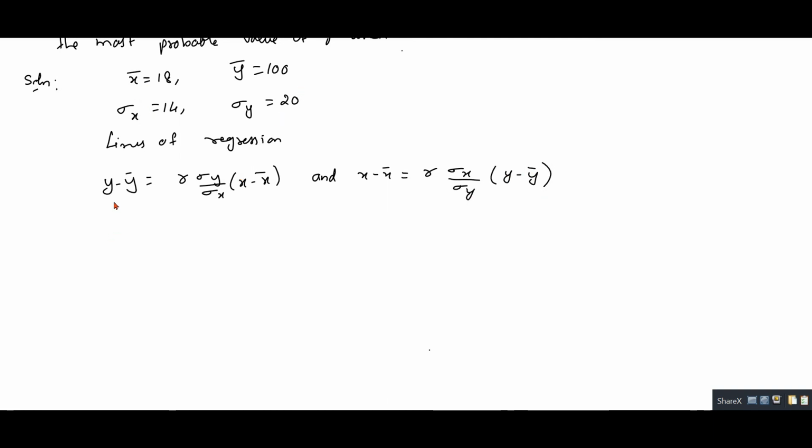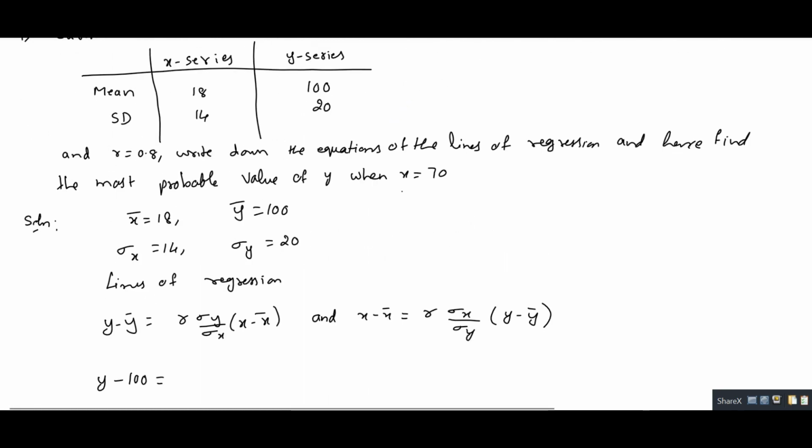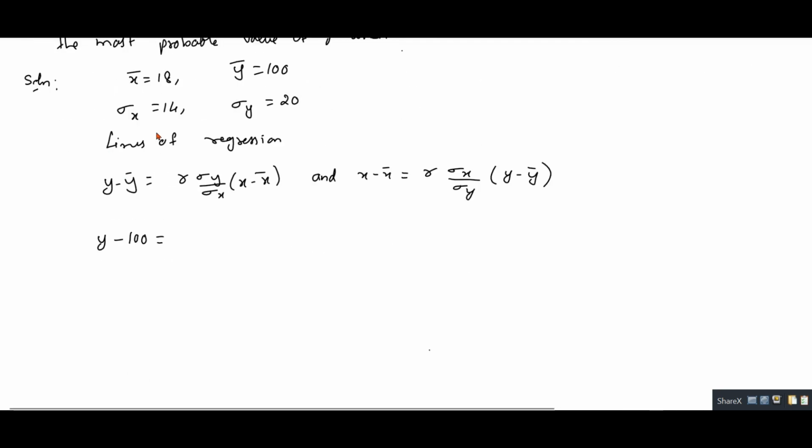In this equation we have Y minus Y bar, which is 100, is equal to r value, given as 0.8. You can check it over here. 0.8 times sigma Y by sigma X. So sigma Y value is 20 divided by sigma X value 14, times X minus X bar, where X bar value is 18.